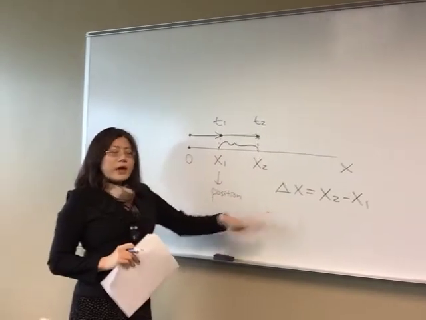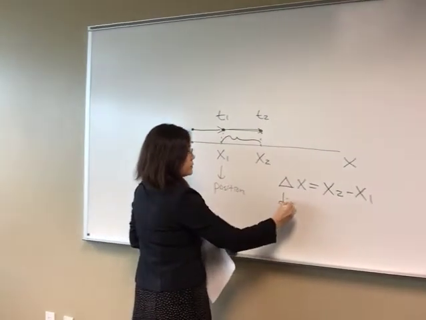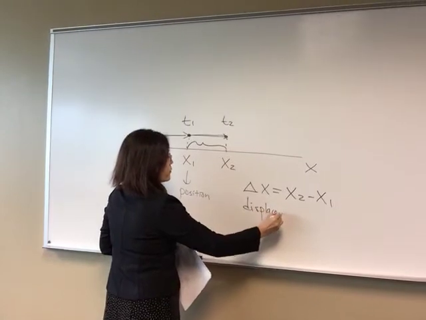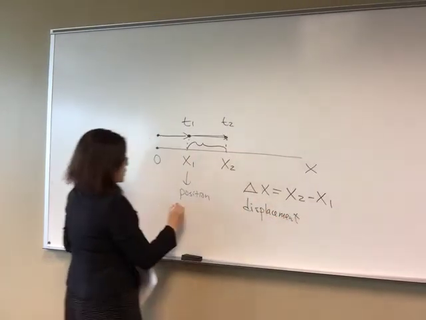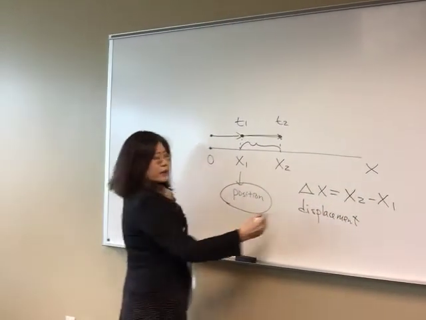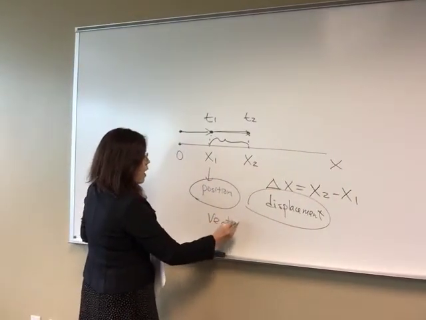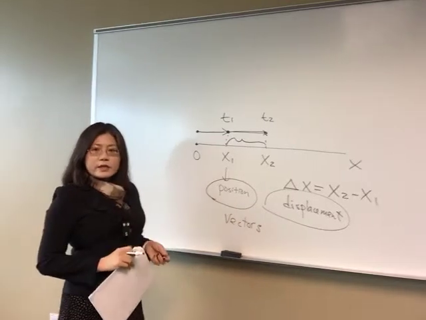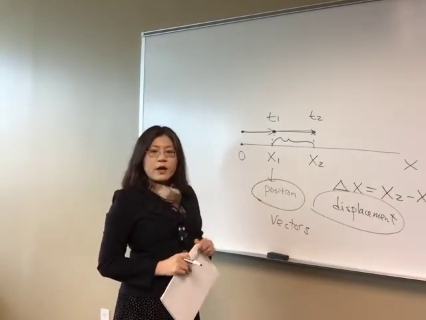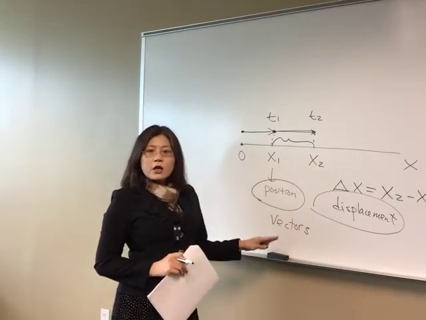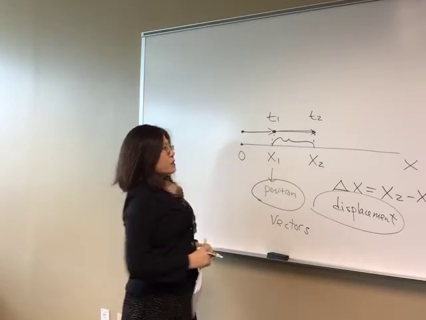Position and displacement are both vectors. We're going to discuss vectors in more detail in Chapter 3, but suffice to say that a vector comes with a magnitude and a direction.